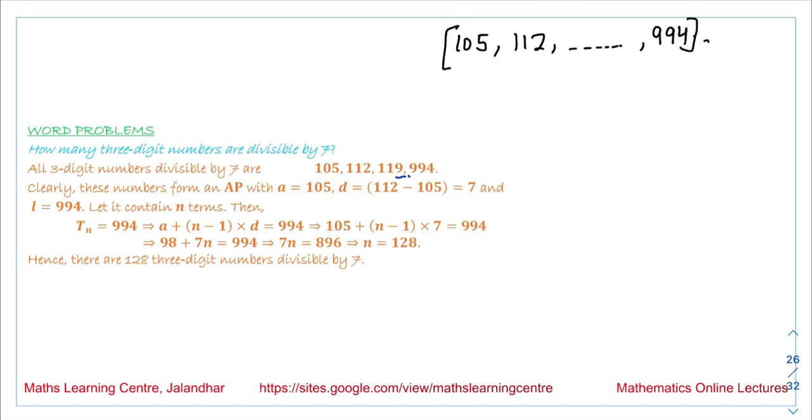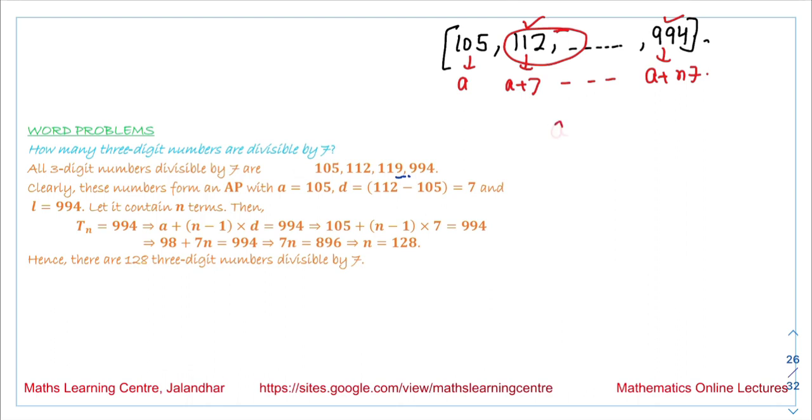These numbers are in AP because they are multiples of 7. If we take any two consecutive numbers, their difference will be 7.